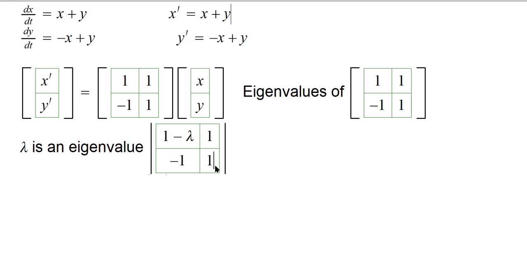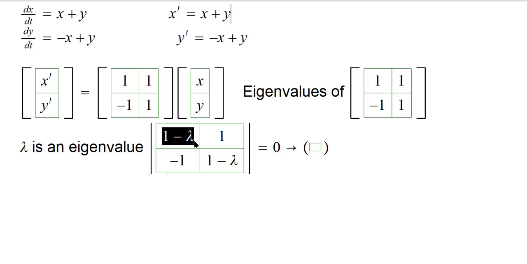So what we get here simply is that this determinant is 0, which means that (1 minus lambda) squared, plus, and then minus negative 1 times positive 1. Sorry about the typo. So negative 1 times positive 1.